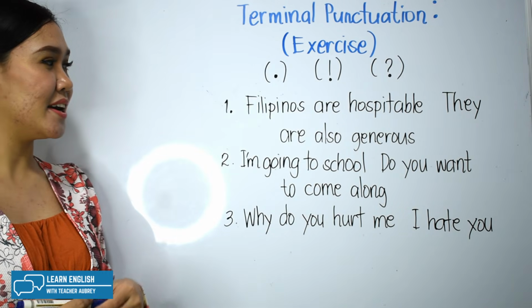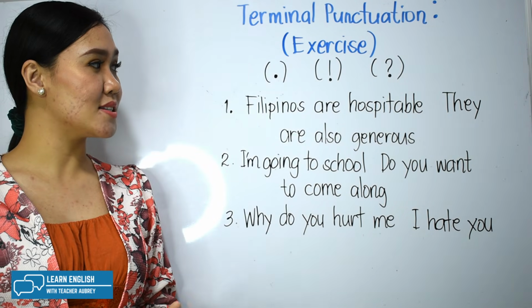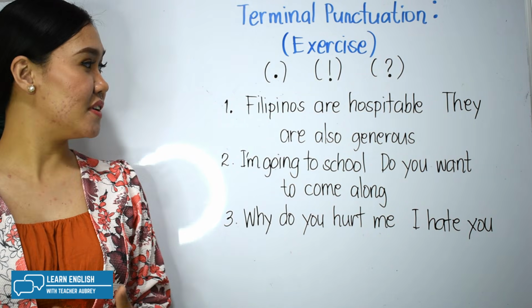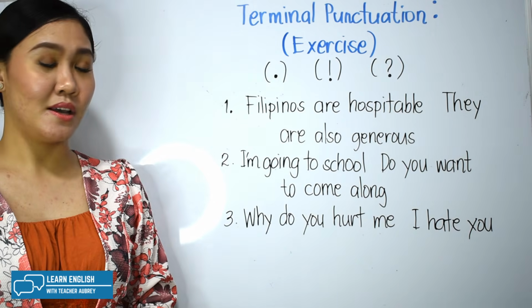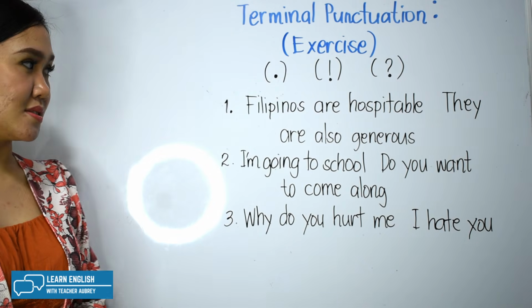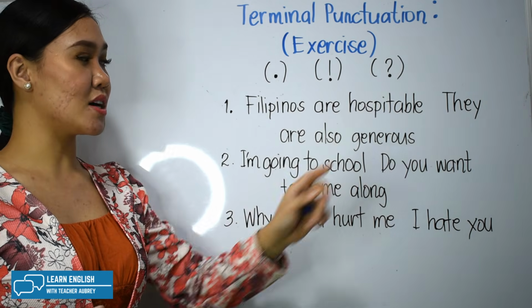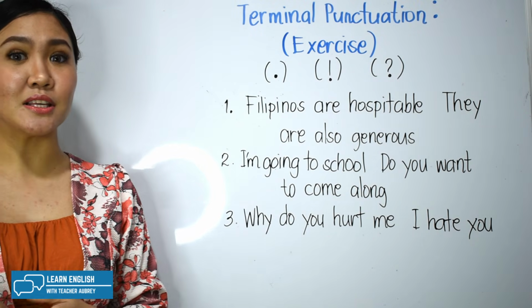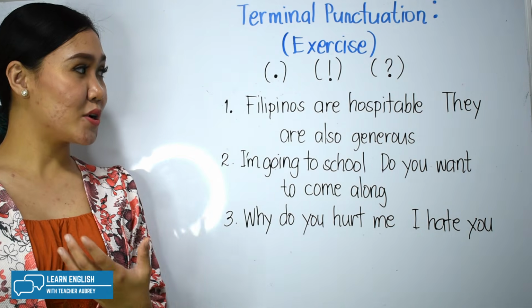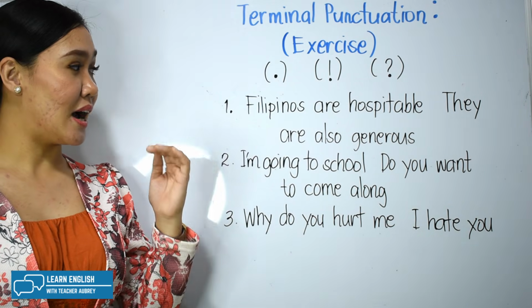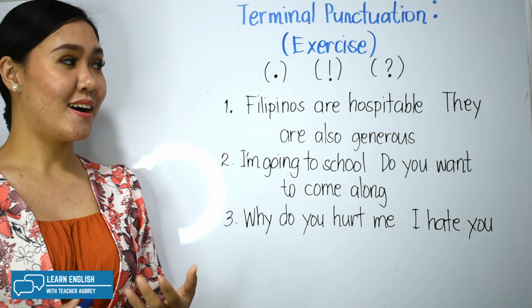For number 1, Filipinos are hospitable. They are also generous. So we have one complete sentence, Filipinos are hospitable. That is a declarative sentence in which a particular information was given na ang mga Pilipino ay hospitable.